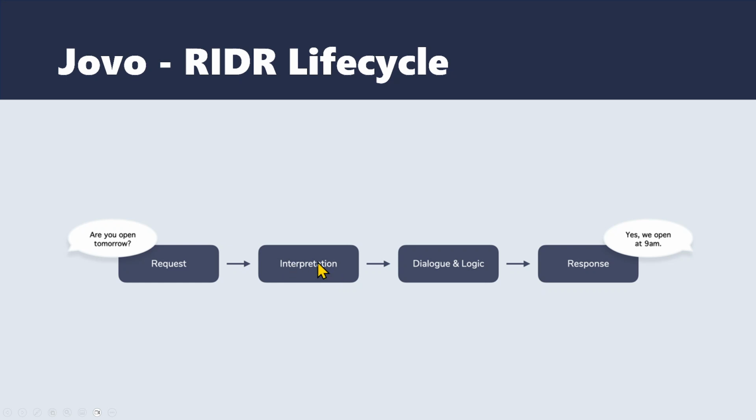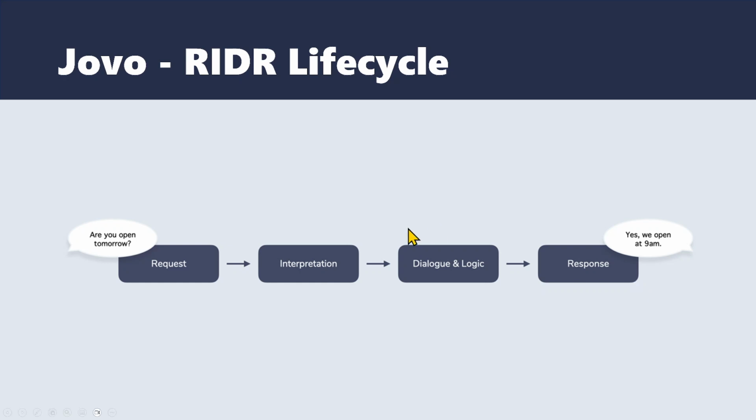That would be things like automatic speech recognition or natural language understanding. This dialogue and logic would be looking at the current day, maybe reading a database for your store hours for the next day, and figuring out if you're open or not and what time. That helps build up the response, and then the response comes back: yes, we are open at 9 a.m.